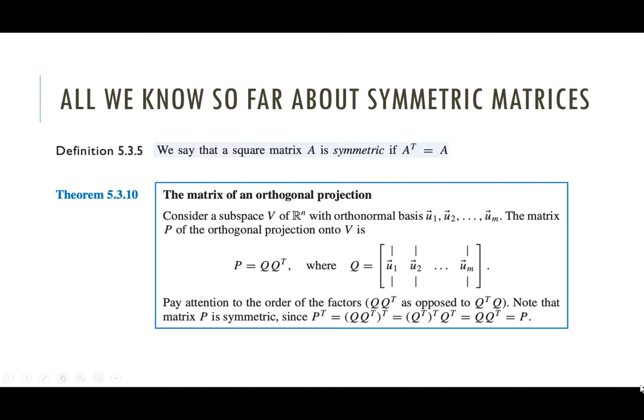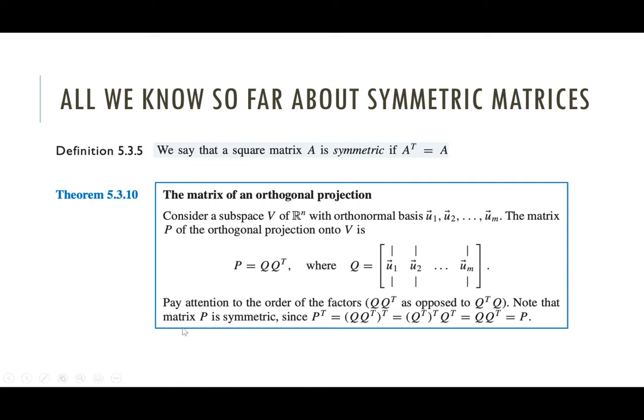If you are projecting onto some subspace V and you get an orthonormal basis of V, you Gram-Schmidt it, then the matrix of orthogonal projection can be given by some matrix Q times Q transpose, where Q holds the orthonormal basis of the space that you're projecting onto.